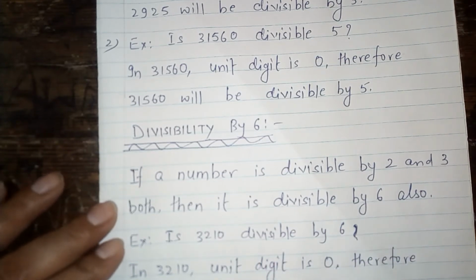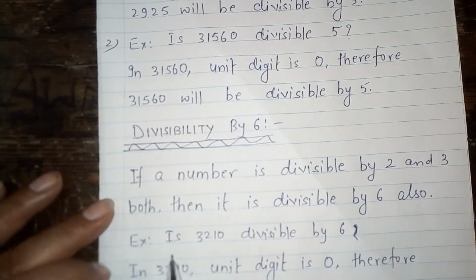The meaning is, suppose you have a number and you want to check whether it is divisible by 6 or not. So what will you do? The given number we will check by 2 and 3.